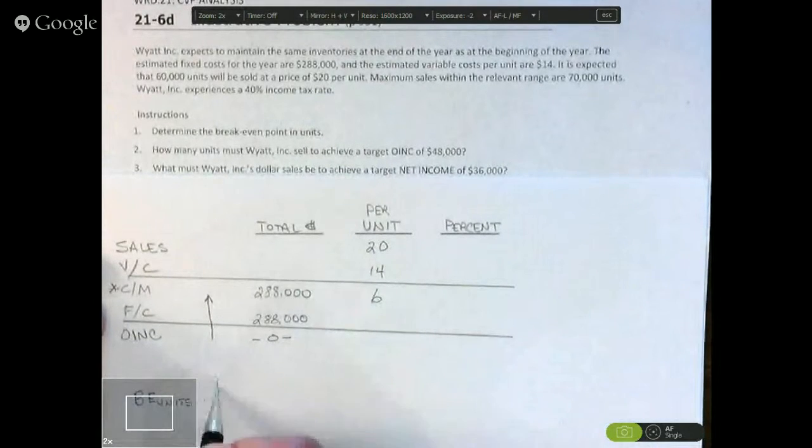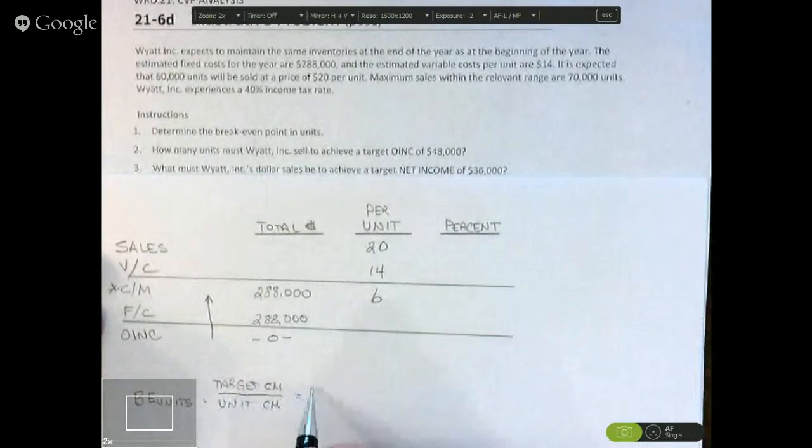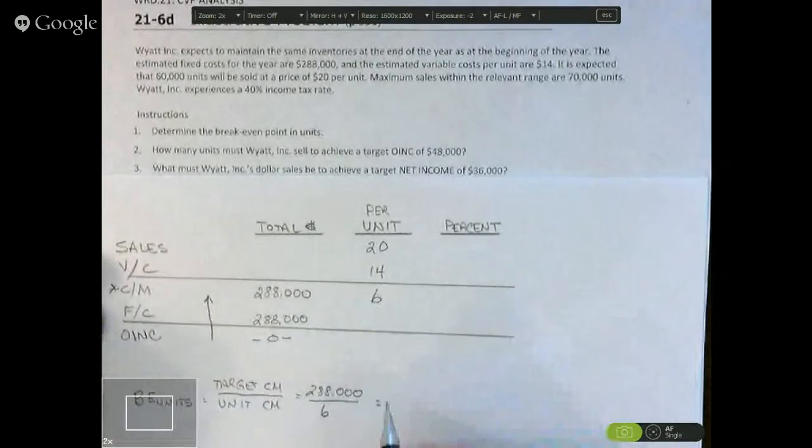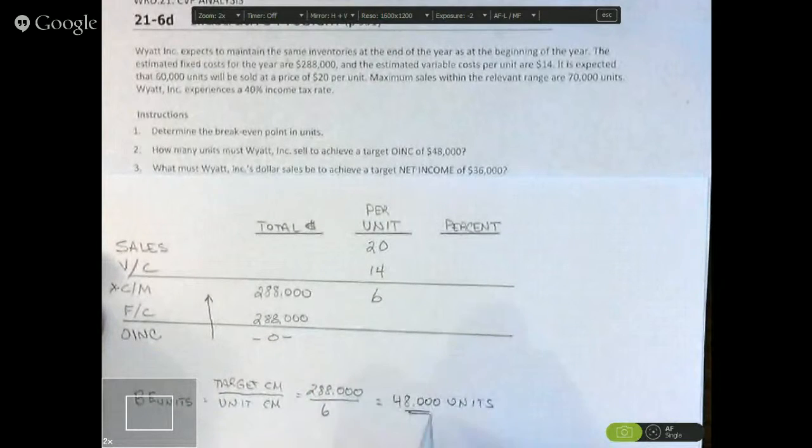Break-even units will be the target contribution margin divided by the unit contribution margin, which in this case would be $288,000 divided by $6. That means we would get 48,000 units as what's necessary to break even.